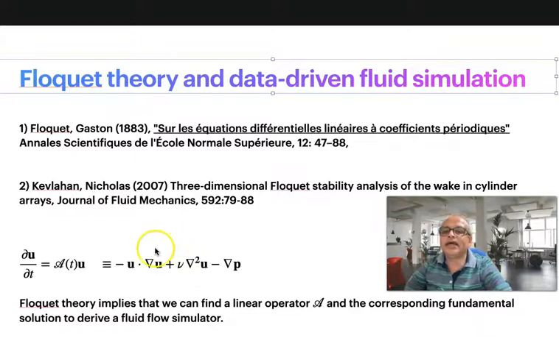Then I take the data and find this matrix A. Once I have found this matrix A, I solve this linear system, and then I compare the solution with the original solution. So if I have some data, using the data I can construct this finite dimensional dynamical system, and that is why it is called data-driven fluid simulation.